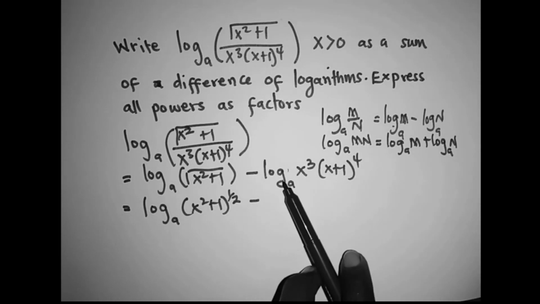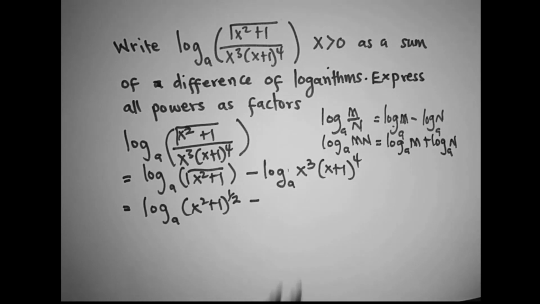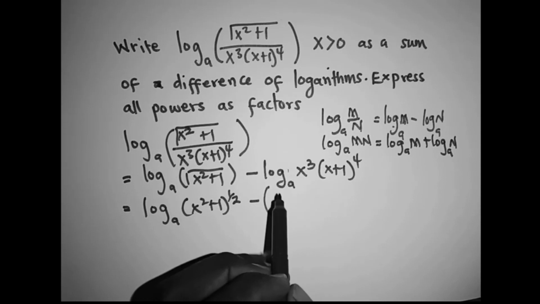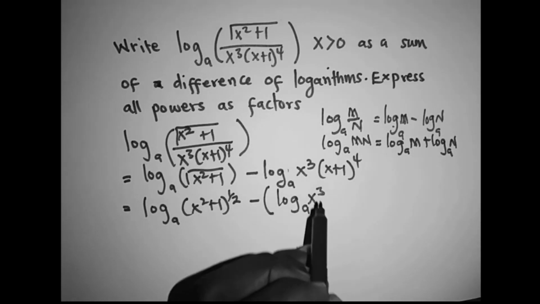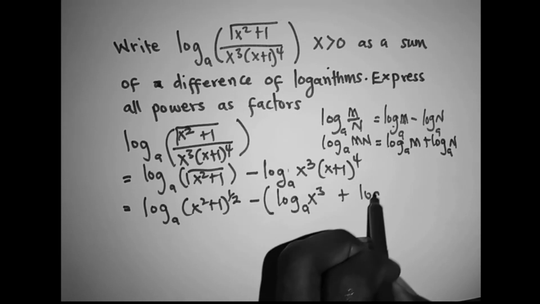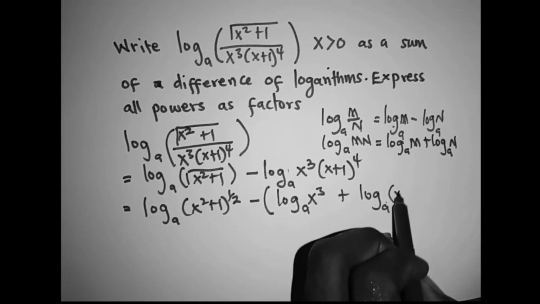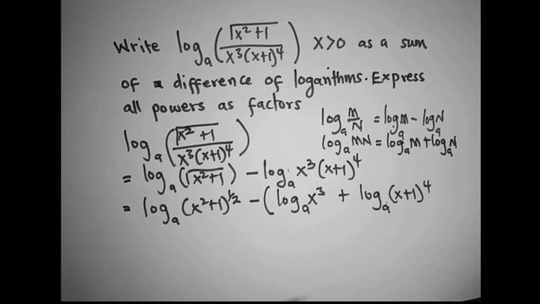So that is what we are going to use to expand this. So it's going to be minus into bracket log base a of x exponent 3 plus log base a of x plus 1 all exponent 4, bracket close.